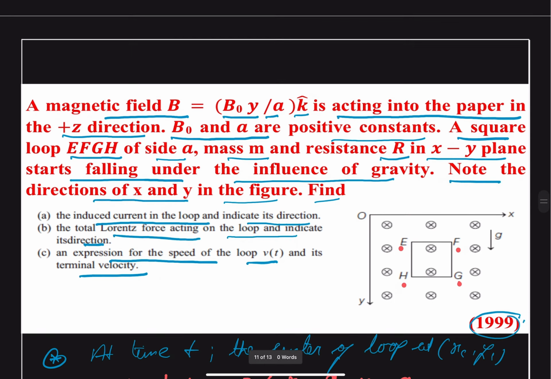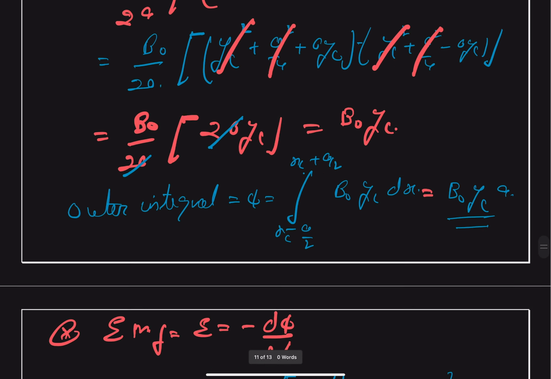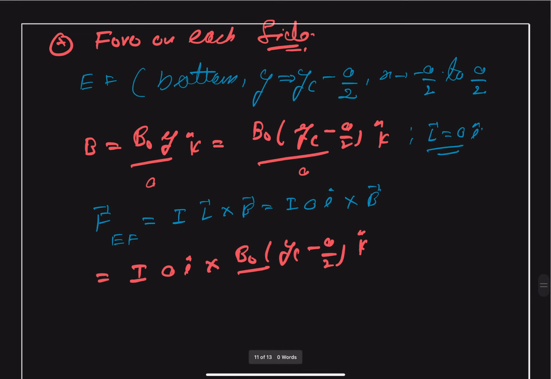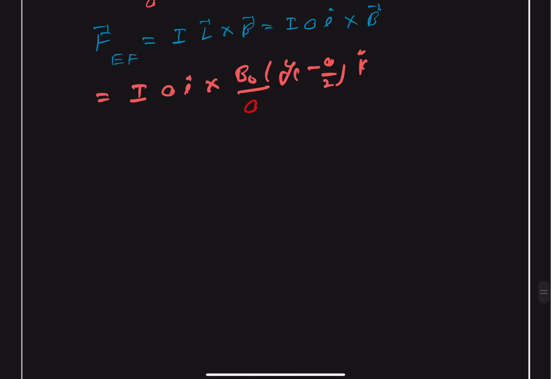Yeah, it's only A. So this gives us I B naught, YC minus A by 2, and here we have I cross K, which gives us minus J.